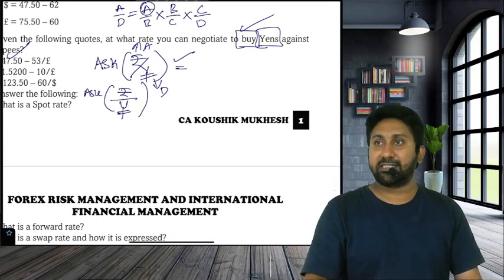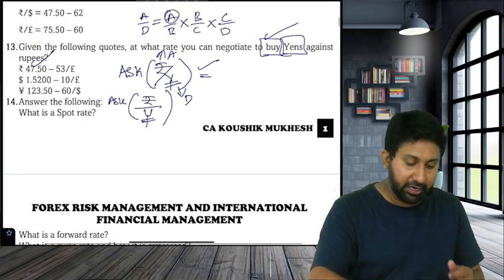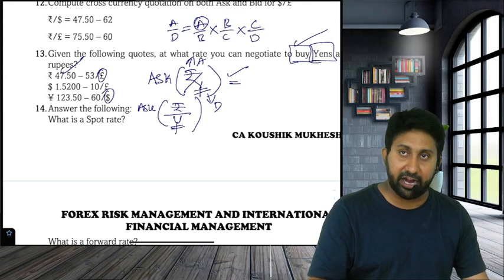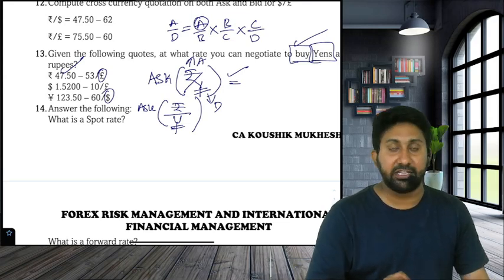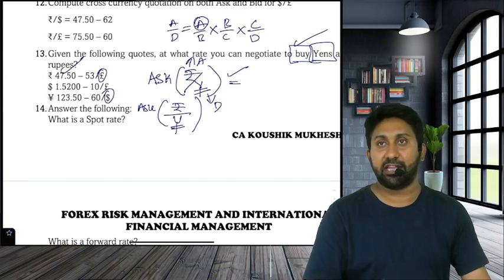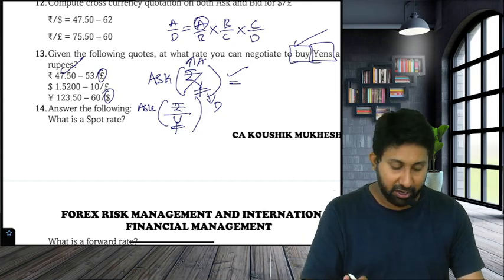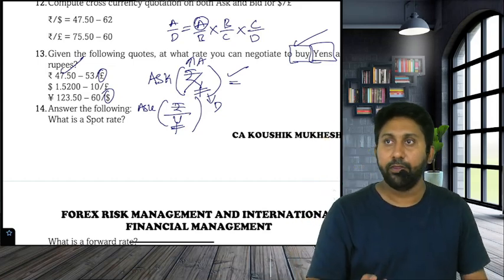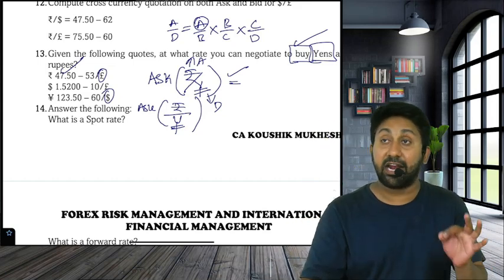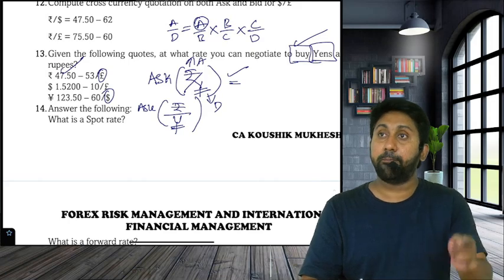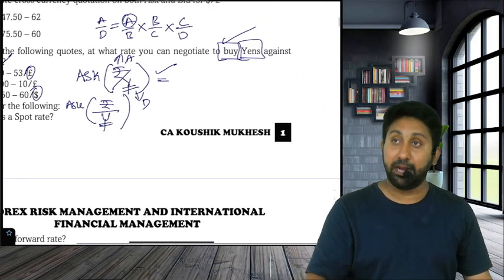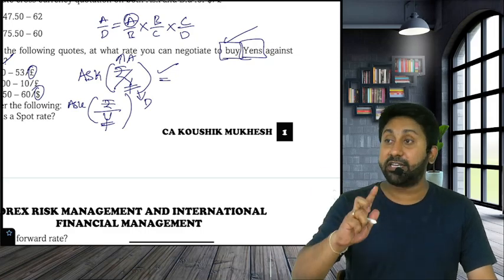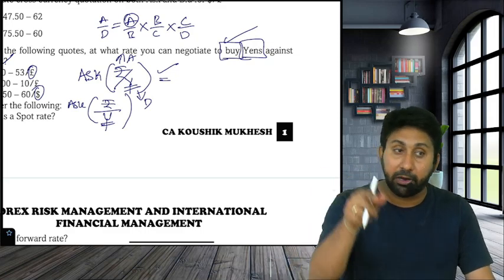Now the question arises, sir, here there are two currencies, pound and dollar. Yen and dollar are traded each other, pound and dollar are traded each other, rupee and pound are also traded each other. What should I take as A and what should I take as B? Always take as B that currency which gets repeated multiple times on the per unit side.